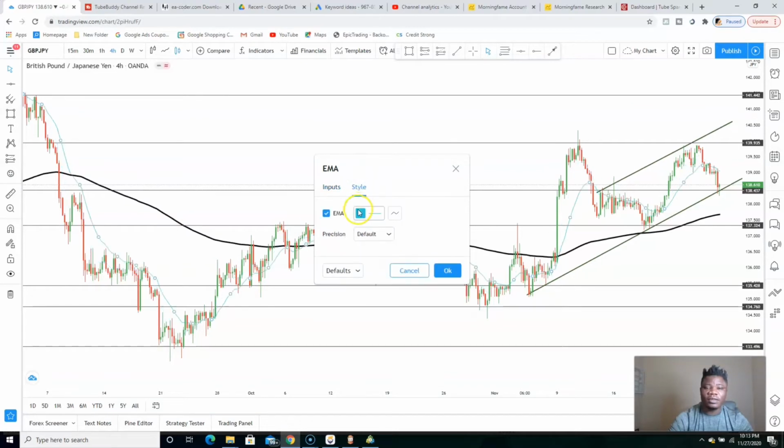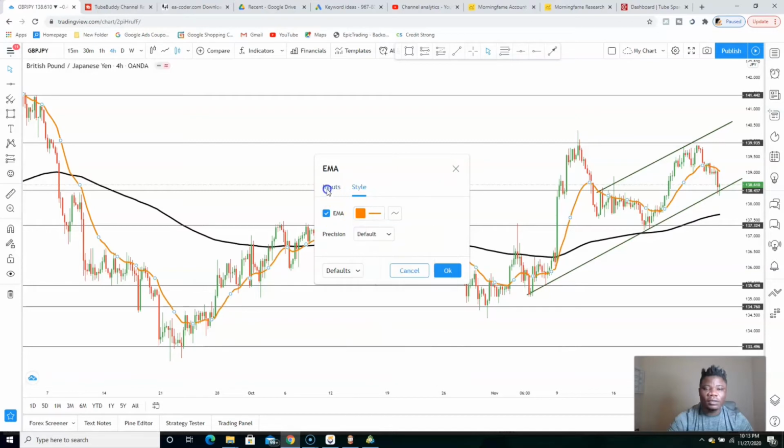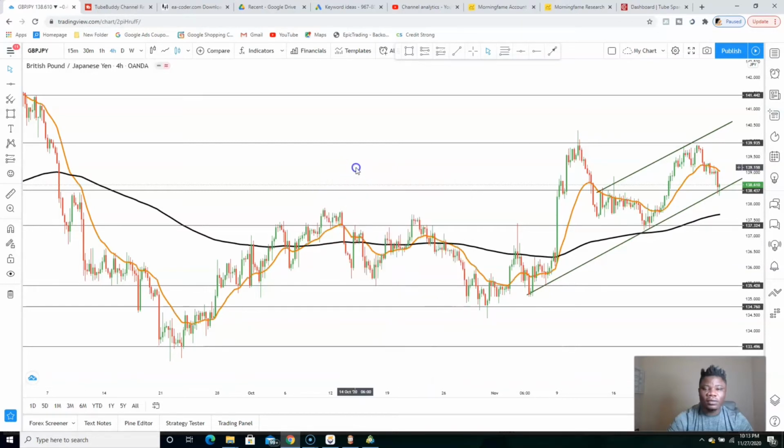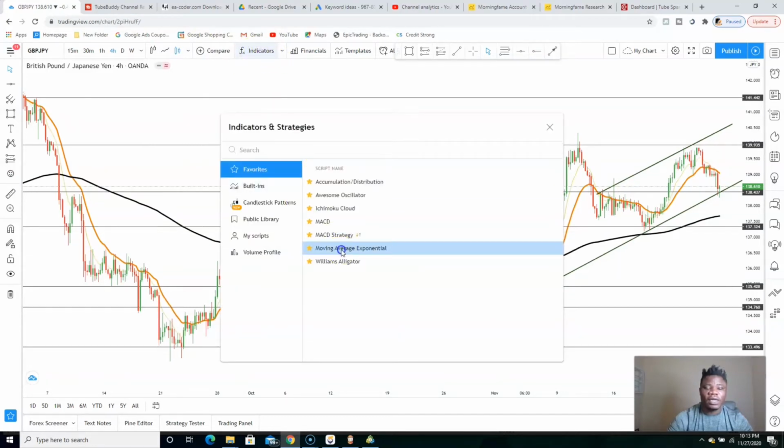The style, let's see, I'm going to use this color, and then I'll change the thickness. We have that already, and now we're going to add the 10 EMA.